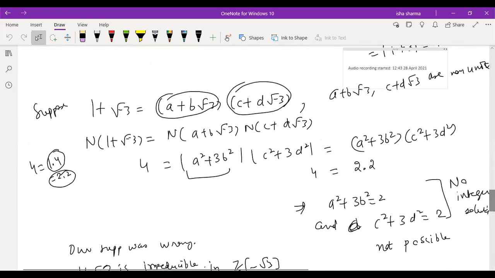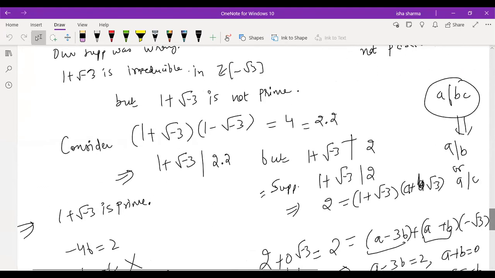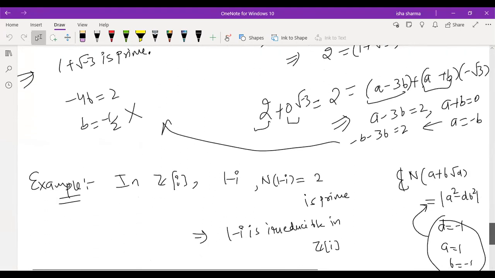We proved it by the definition of irreducible, and then we showed that this is not prime, and that also we showed by the definition of prime element. So does anybody have any doubt in this particular example?